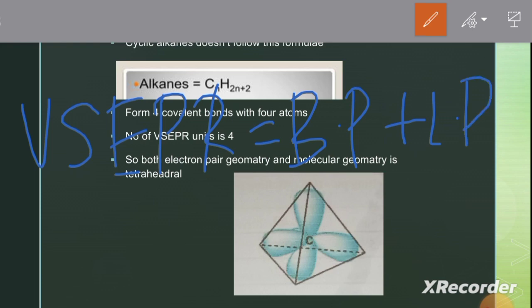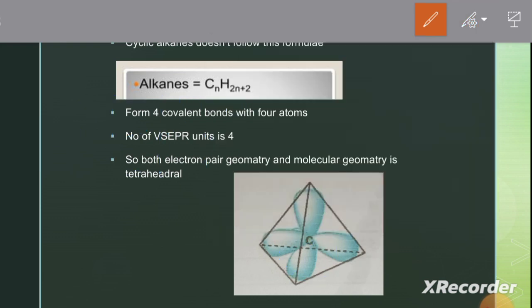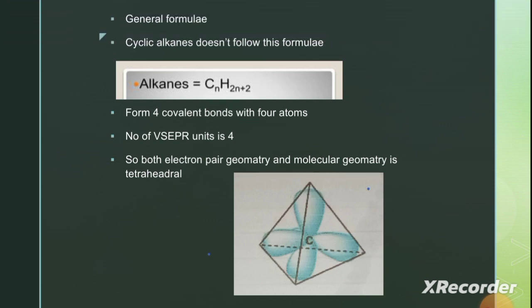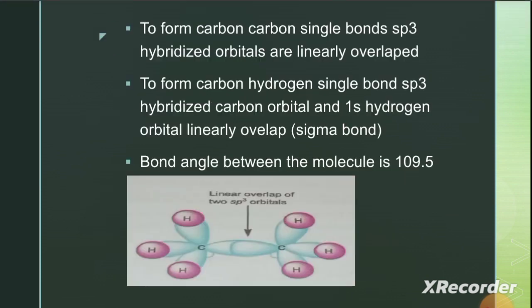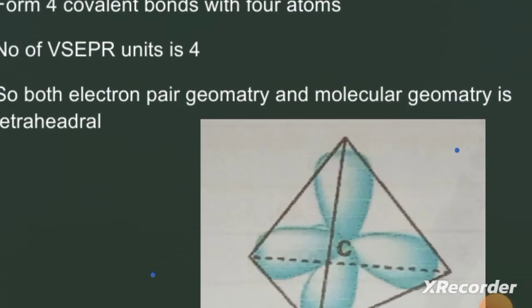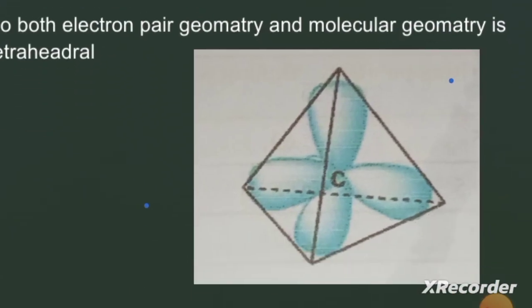So carbon has 4 bond pairs. So the number of VSEPR units of carbon in alkanes is 4. So due to that, the electron pair geometry and molecular geometry is tetrahedral. It is tetrahedral. You can see it in this diagram. I have drawn that. Here you can see tetrahedral.